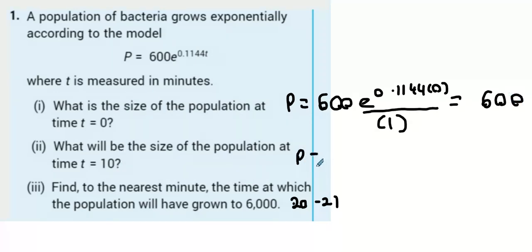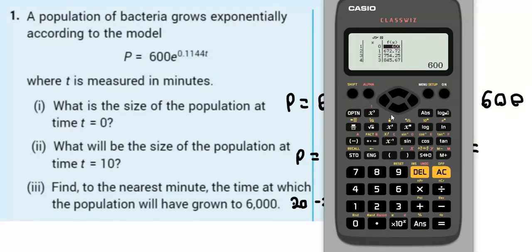You have to do the same thing again, except you're replacing the t value with 10. Somebody show me, because I showed it twice there already. 1883.58.